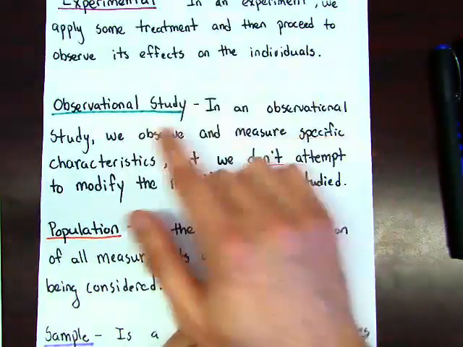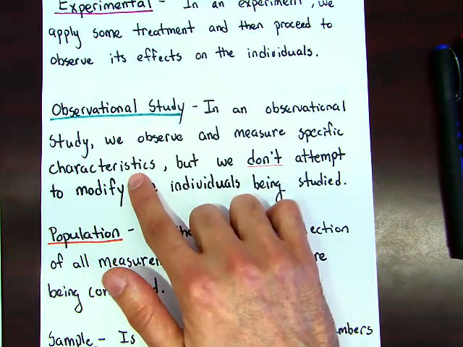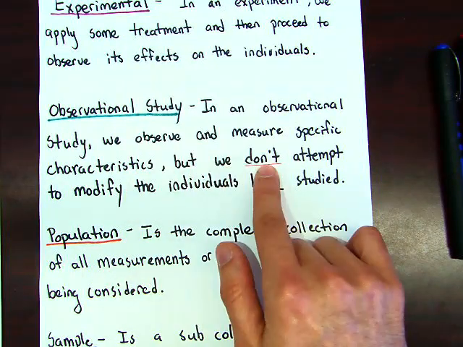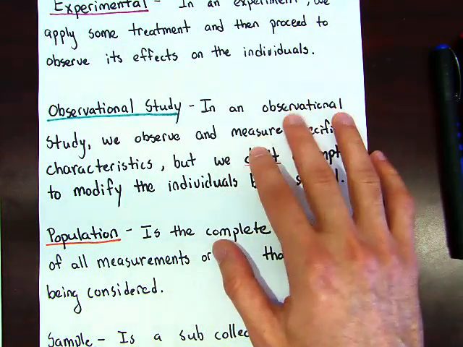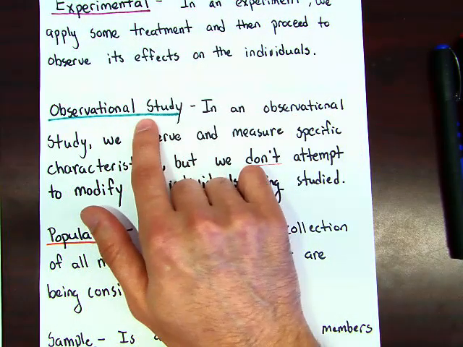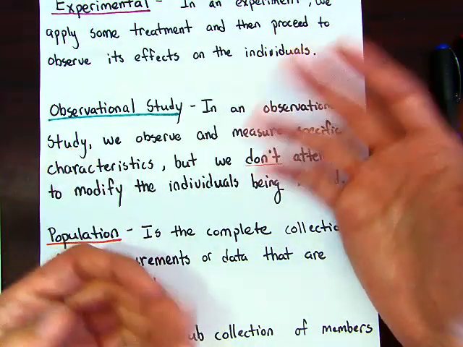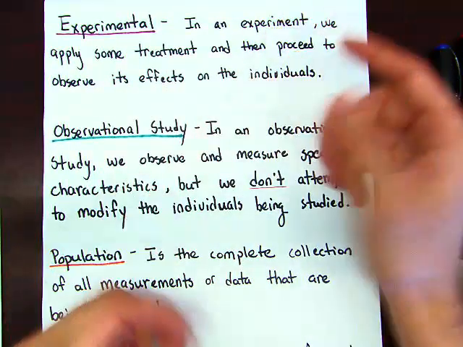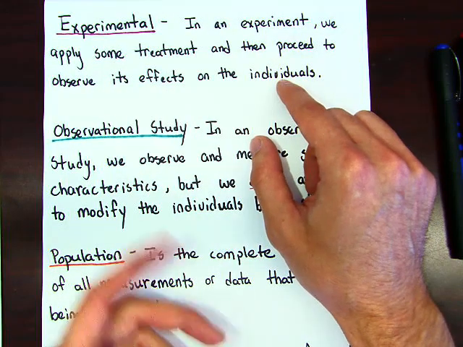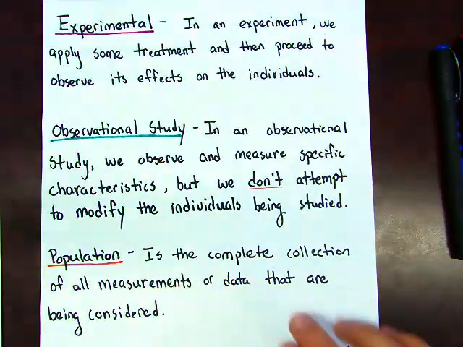Within an observational study, we observe and measure specific characteristics, but we don't attempt to modify the individuals being studied. You're just observing, not doing anything to the individuals who are being surveyed or watched. That's the difference between experimental and observational.